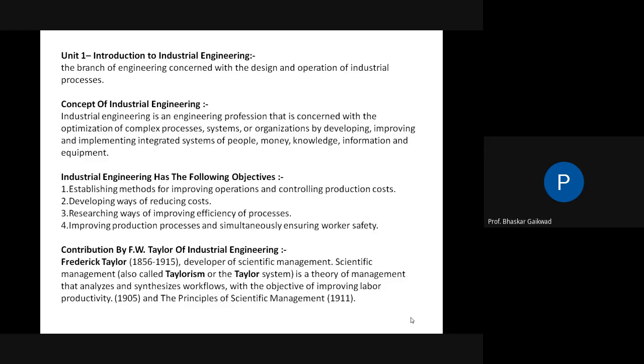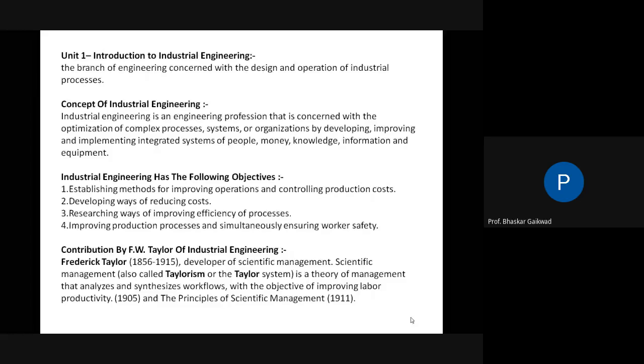Definition, concept of industrial engineering, the main objective of industrial engineering, contribution of F.W. Taylor and F.B. Gilbreth, the scientists. If you consider all these points, then totally they relate to improvement in production and productivity, and new development of the method study by reducing the cost.